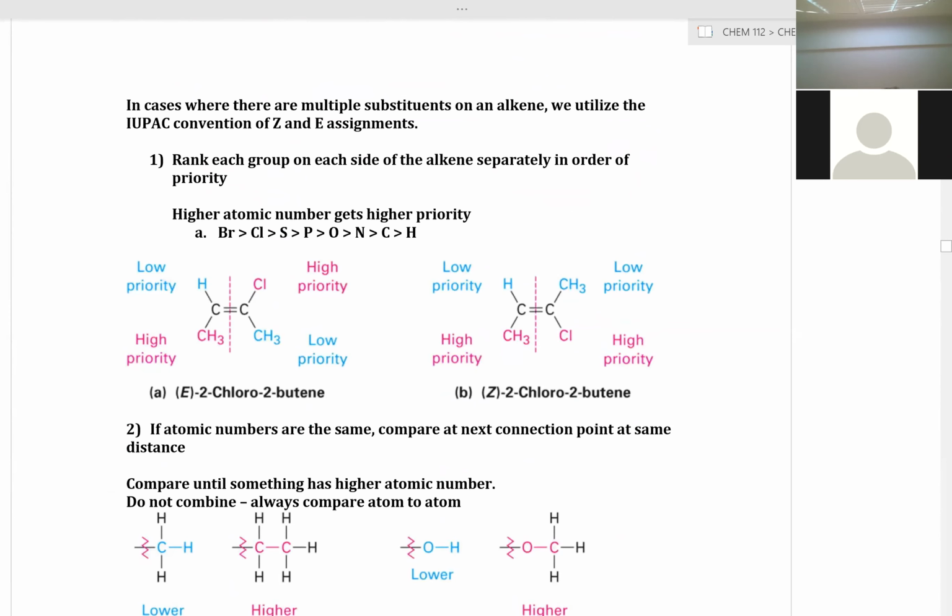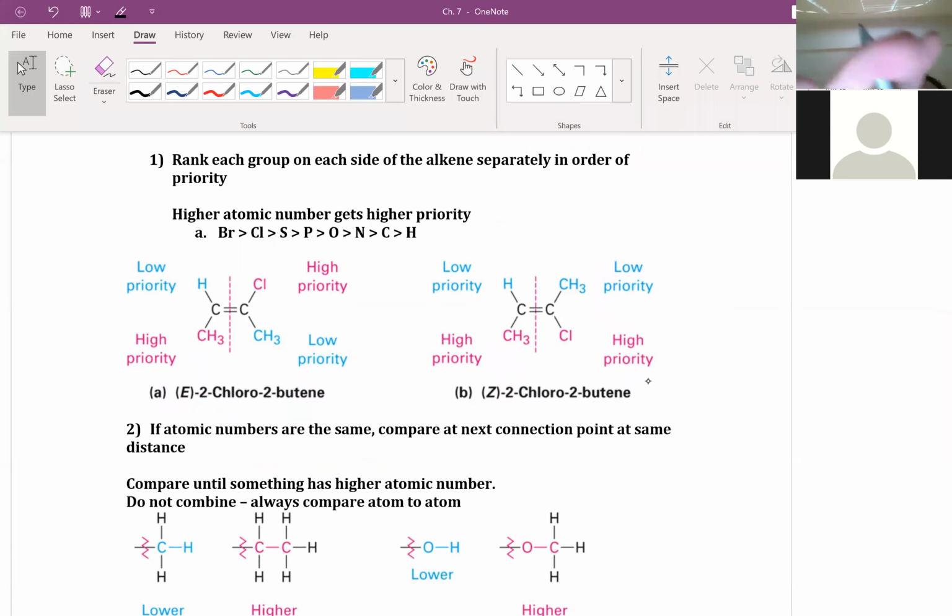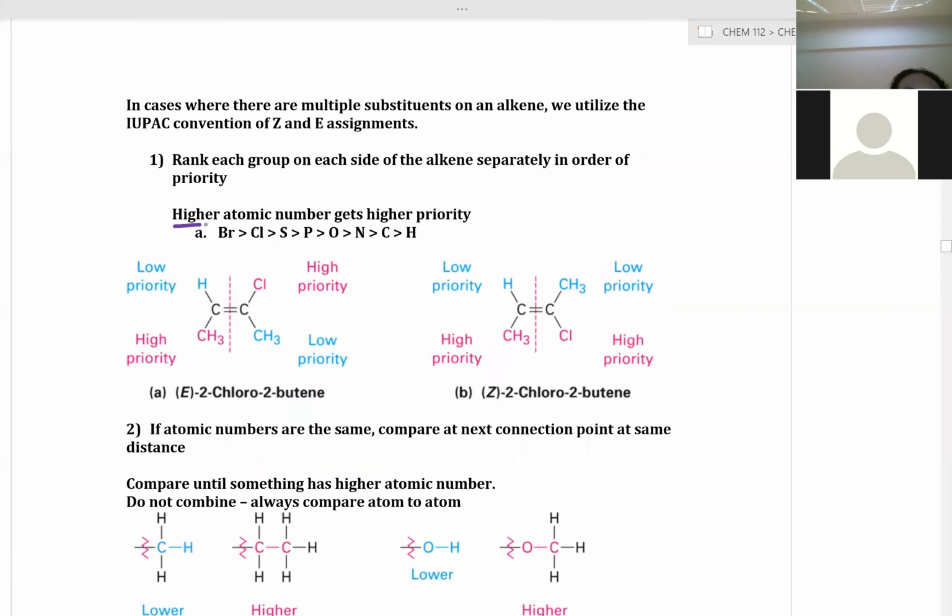Okay, in terms of priority, once again, just as a refresher, the higher atomic number gets the higher priority. So for example, on the right-hand side, chlorine gets priority, and on the left-hand side, carbon gets priority.